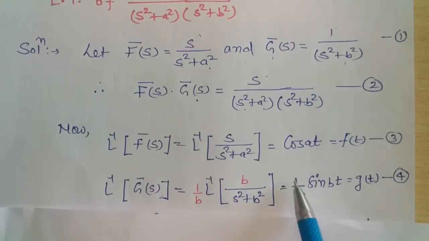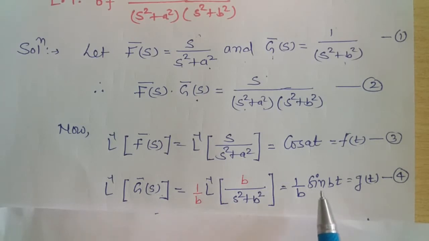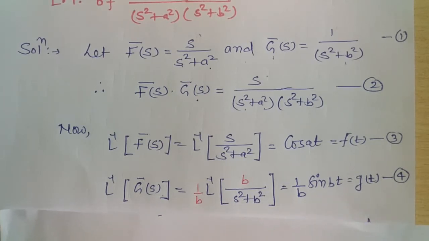Then we get 1 upon b into the inverse Laplace transform of b upon s square plus b square, which is sin bt, which we denote by g of t. The inverse Laplace transform of g bar s is g of t.